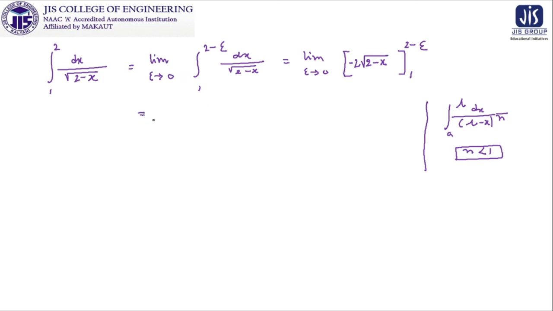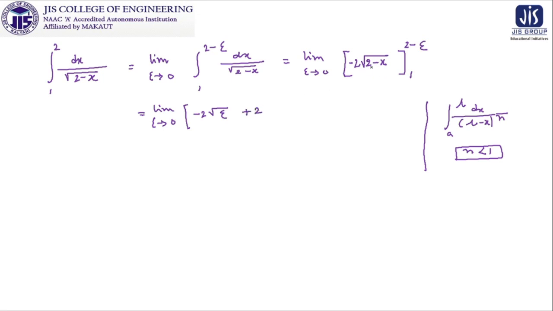But ultimately we have to find the value of this integral, because we are claiming it is convergent. So we will write in the next line limit epsilon tends to 0, putting 2 minus epsilon over here. So 2 minus epsilon, 2 cancelled out, it will be plus epsilon, so it will be minus 2 root over epsilon, then minus minus plus 2.